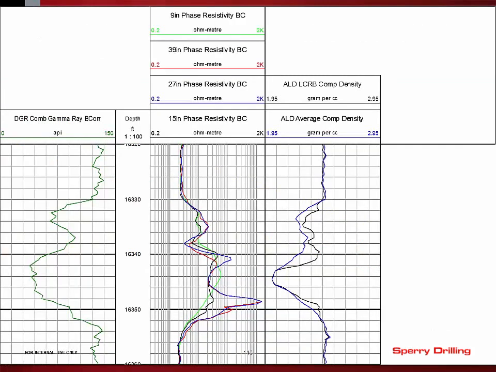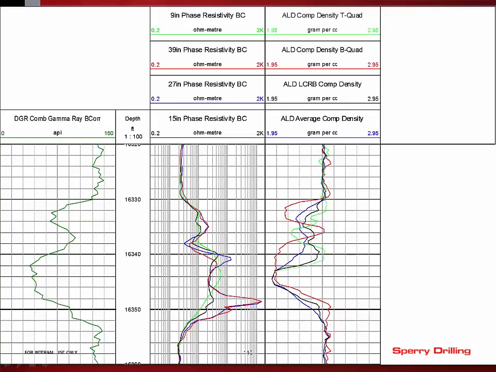So let's look at what that looks like on a real log. If we add the bottom quadrant density, we get something very different from what we had before. Now we're seeing some quite sharp, clear boundaries. We've got one large sand, it looks like, and one smaller sand, nicely, sharply divided. If we add the top quadrant to that as well, the light green, which I hope you can see well enough, you get a similar response.